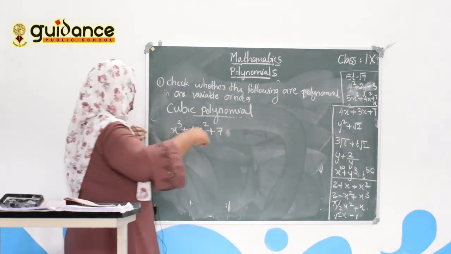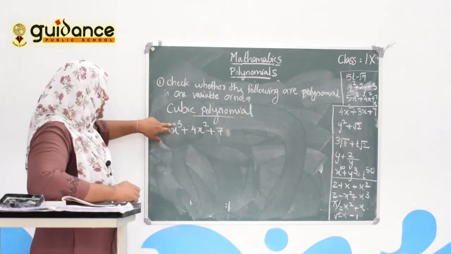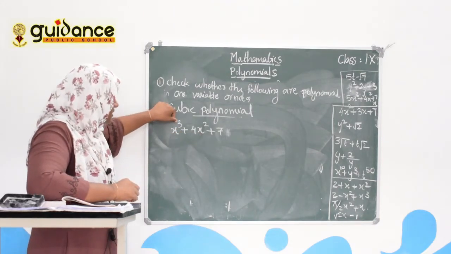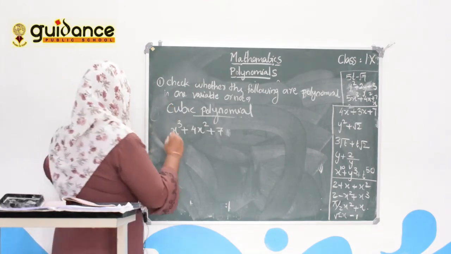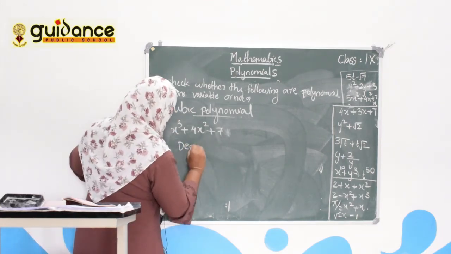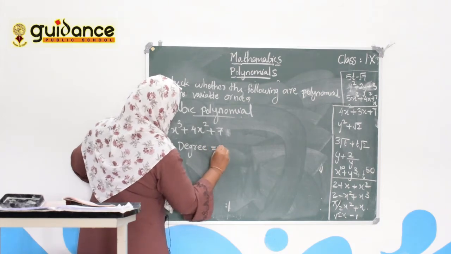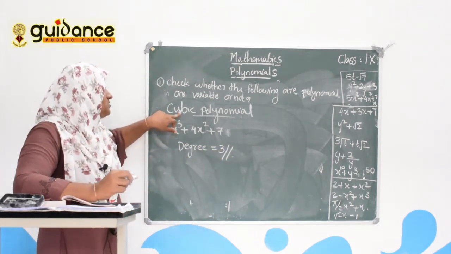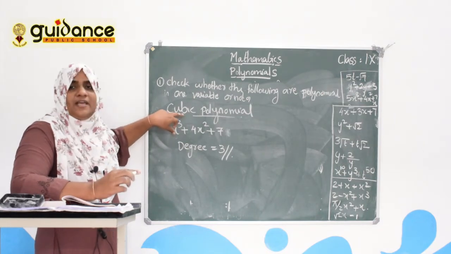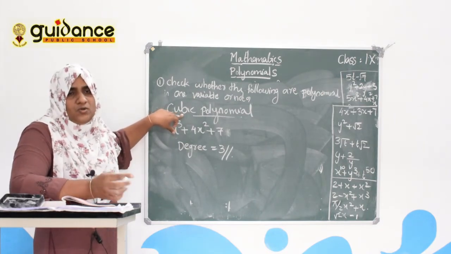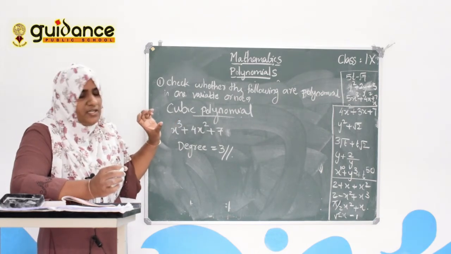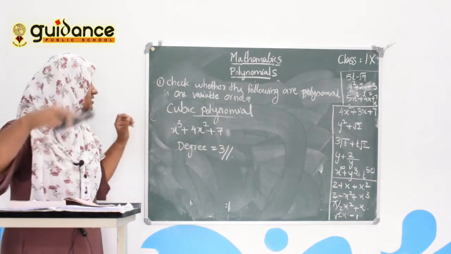Here the variable is x and the highest power of the variable is 3. Therefore, degree equal to 3. Okay. A polynomial of degree 1 is called a linear polynomial. A polynomial of degree 2 is called a quadratic polynomial. A polynomial of degree 3 is called a cubic polynomial. Okay, all of you understand?